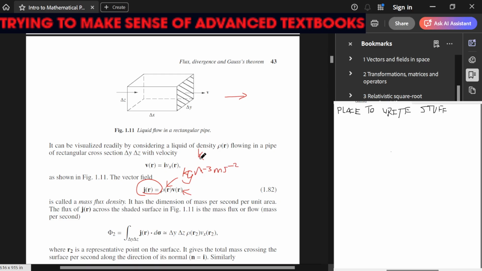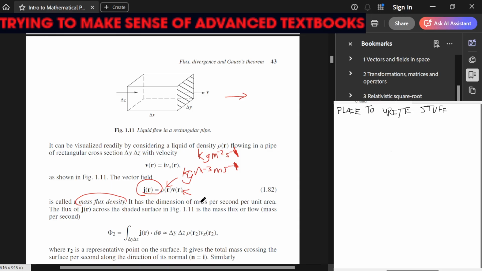So together, this is just kg m minus 2 s minus 1, kilograms per area per second. So mass per area per second is the mass flux density.